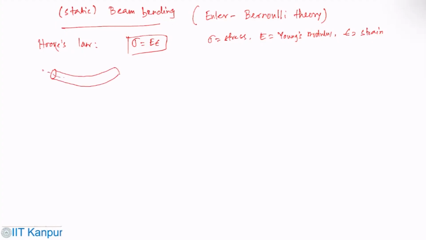Obviously this is the central axis, these are the neutral axes, and these are cross-sectional areas.